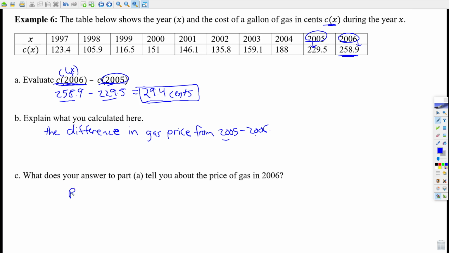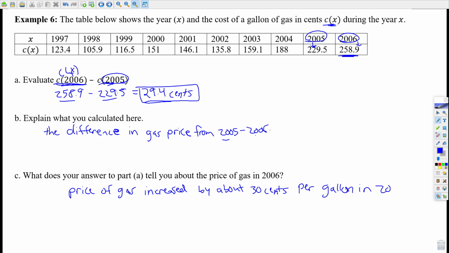So the price of gas increased, that's pretty important to say, by about 30 cents per gallon. We can stop there.